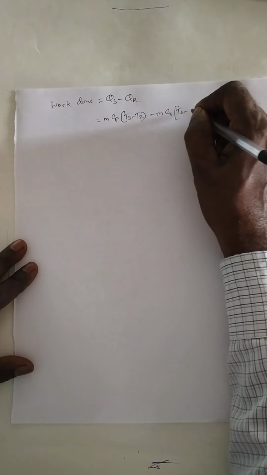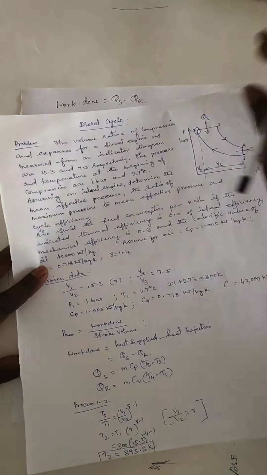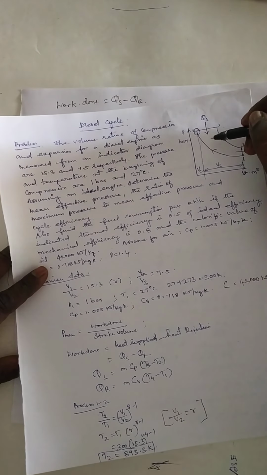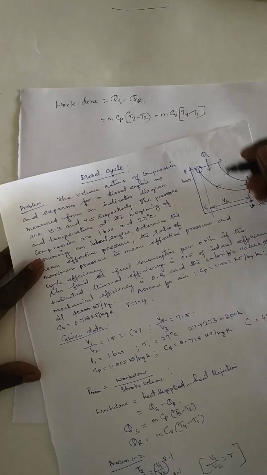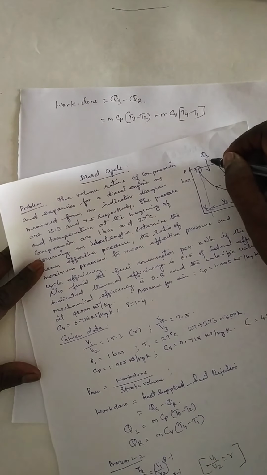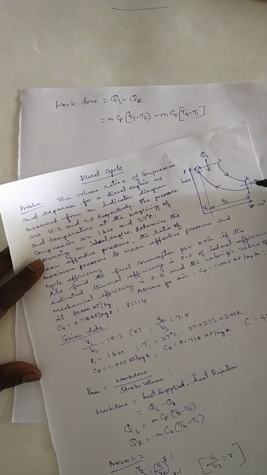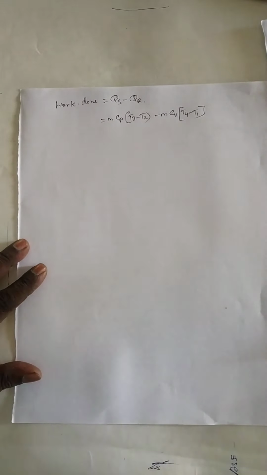You can see this here from the diagram itself. Heat is rejected at constant volume and added at constant pressure. So this is what we are going to use here.